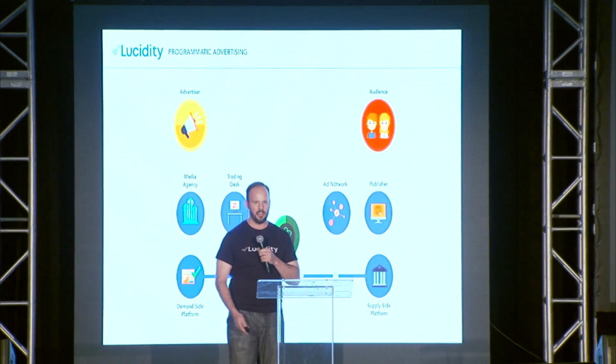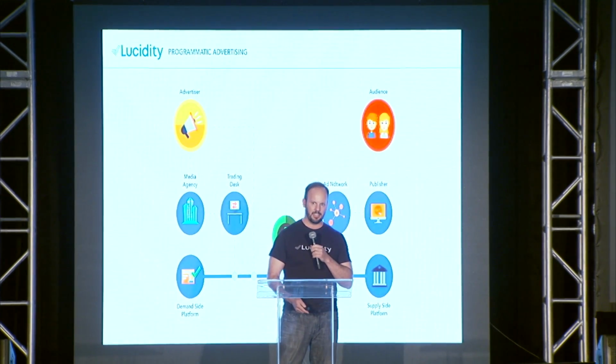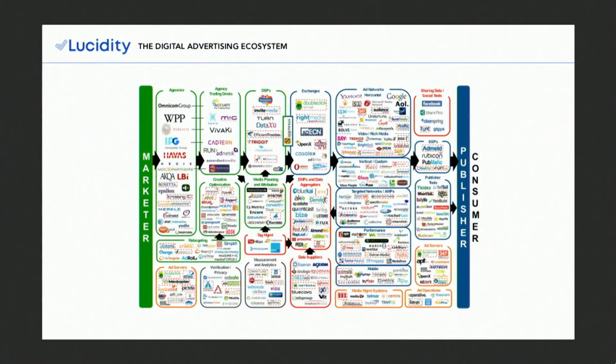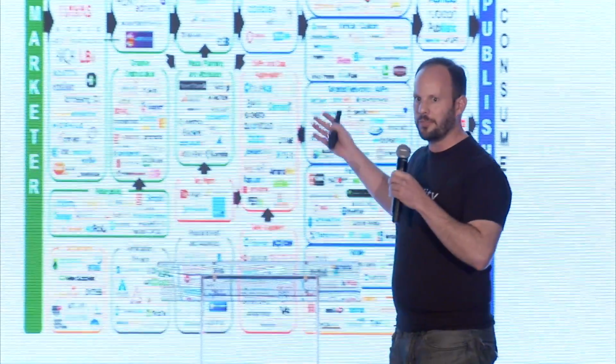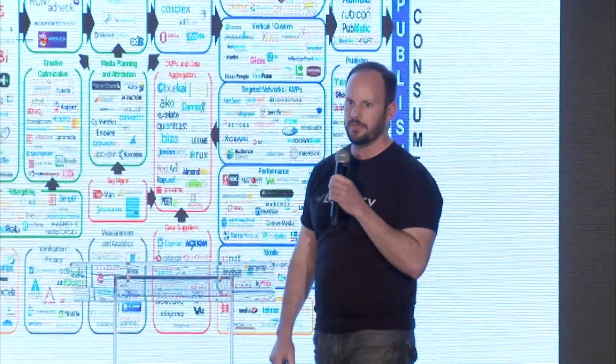That was the design, that was the focus, and we all thought it was going to work fantastic, but there was chaos. When you are a marketer or an advertiser, to get to a consumer, you had to go through this morass. In this chart, each little line is a company.